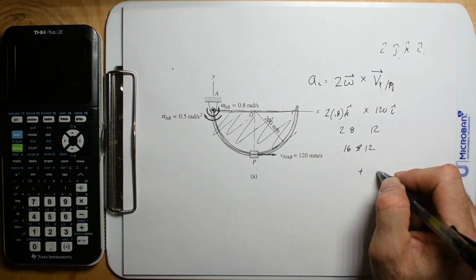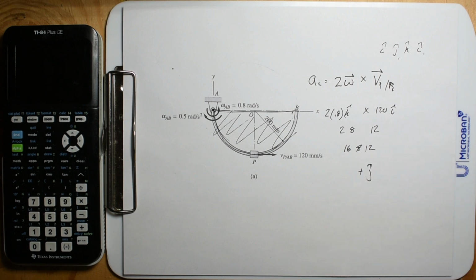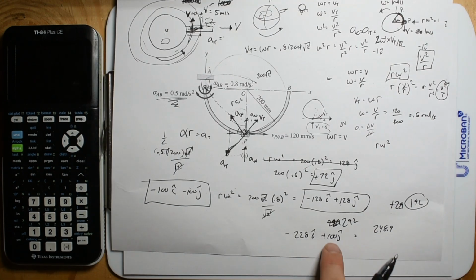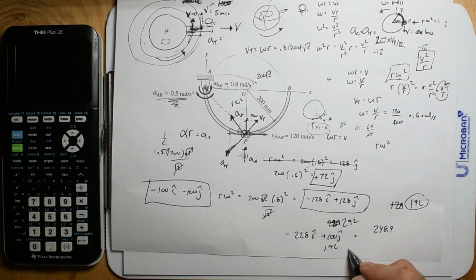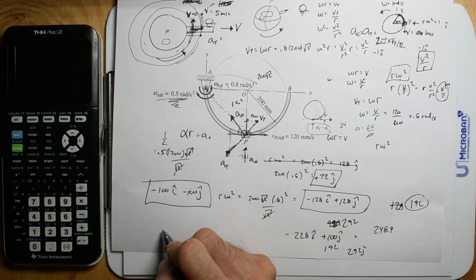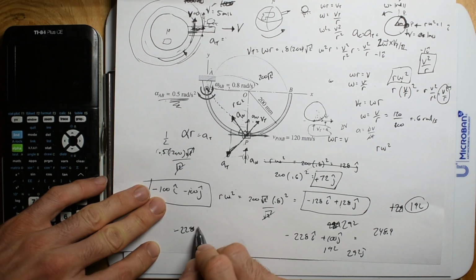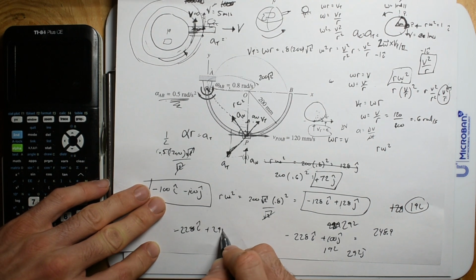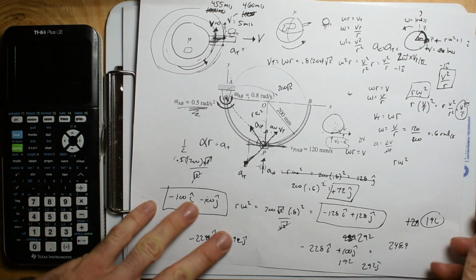So our positive 10 boosts up to another 192. So we're going to have 292 J-hat. So we're going to have negative 228 I-hat plus 222 J-hat, and no one really cares.